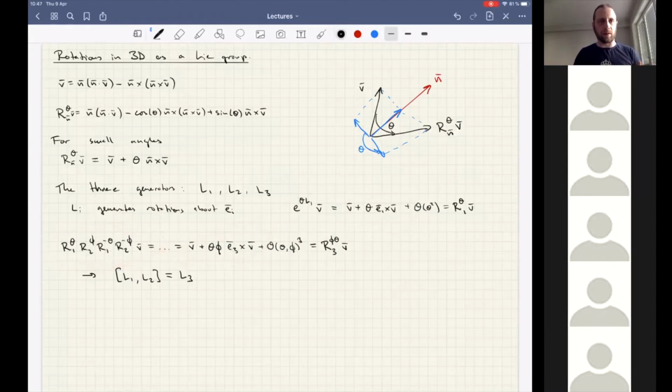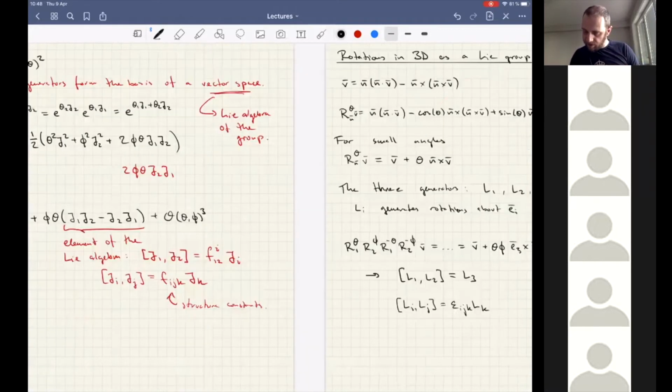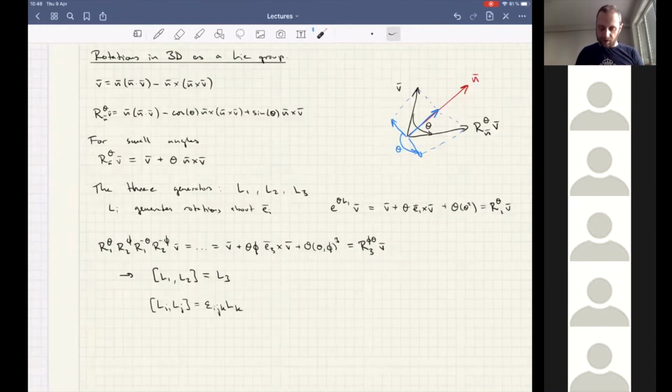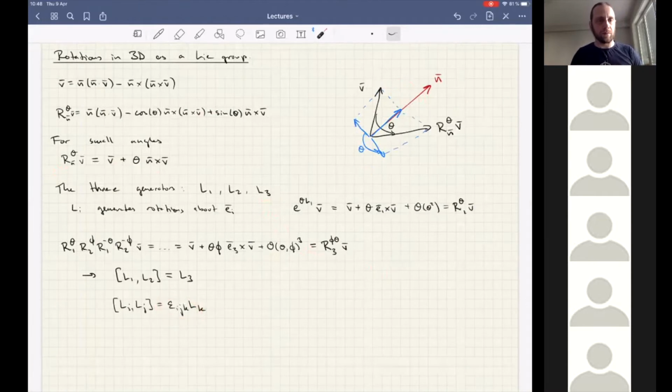We saw it, I think, when we discussed Hamiltonian mechanics, that the Poisson bracket between the angular momenta is given by L_i, L_j goes to epsilon_ijk L_k. And this is the same thing again. These structure constants for rotations in 3 dimensions are just these permutation symbols.